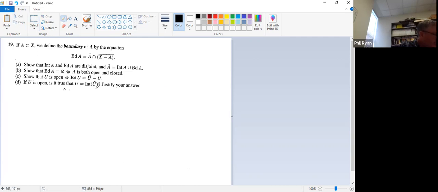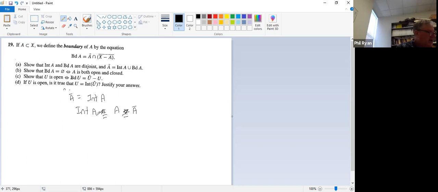In part B, if the boundary of A is empty, then the closure of A equals the interior of A, but we have that the interior of A is contained within A, is contained within the closure of A. So that means if the closure of A equals the interior of A, then all these are equalities.